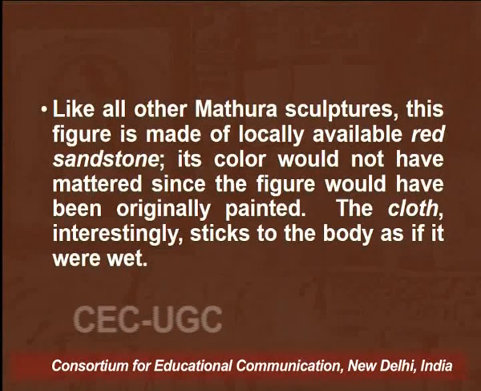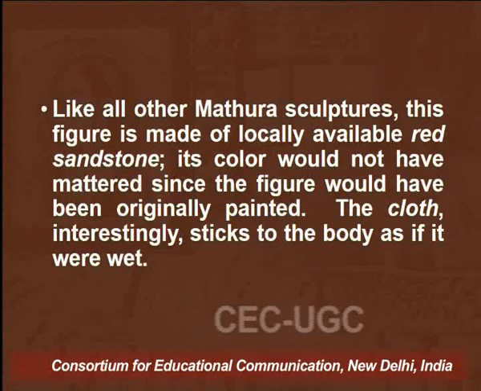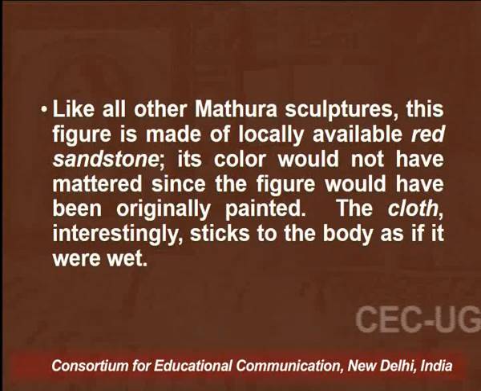Like all other Mathura sculptures, this figure was made of locally available red sandstone. Its color would not have mattered since the figure would have been originally painted, and some kind of cloth also sticks to the body as if it were wet.